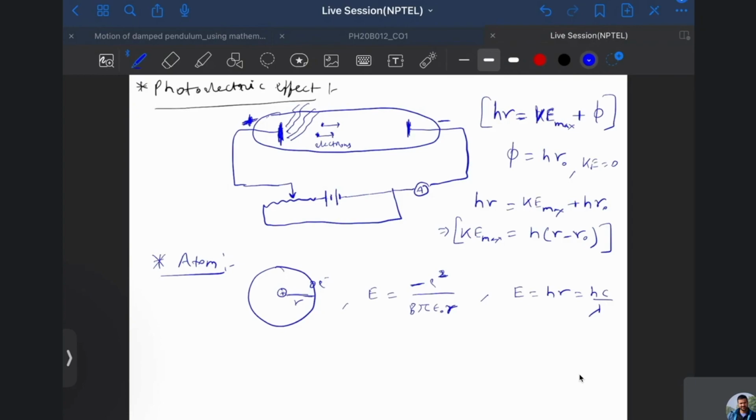And if this energy matches this energy, then the electron can be ionized, right? It is the same phenomenon which we observe in the case of photoelectric effect.